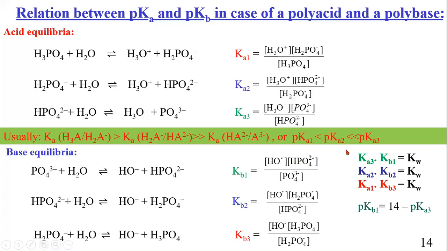Okay. I actually have to choose Ka3. Tell me why. Because this Kb is for the couple HPO4 2 minus, PO4 3 minus. Who has the same couple in the Ka? Yes, absolutely. The Ka3 has the same couple. Ka3 is the Ka of HPO4 2 minus, PO4 3 minus.